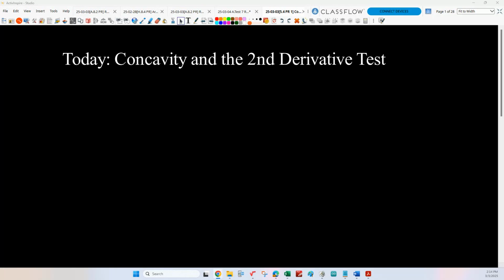Agreed? Okay, now what if the tangent lines were doing this as we were walking to the right? That would be a negative rate of change because the derivative is getting more negative, right? It's decreasing. How about if you did this?